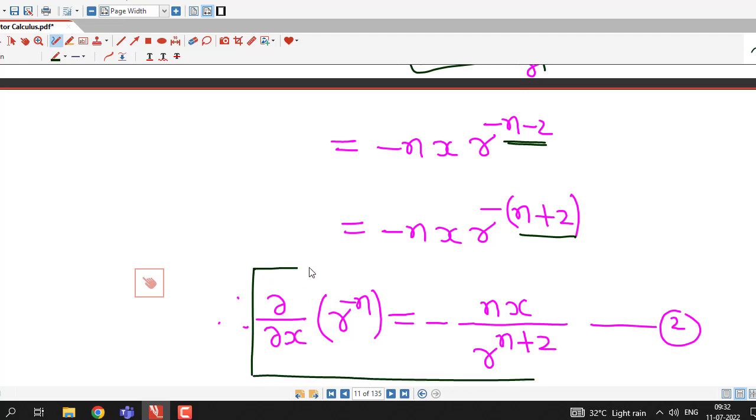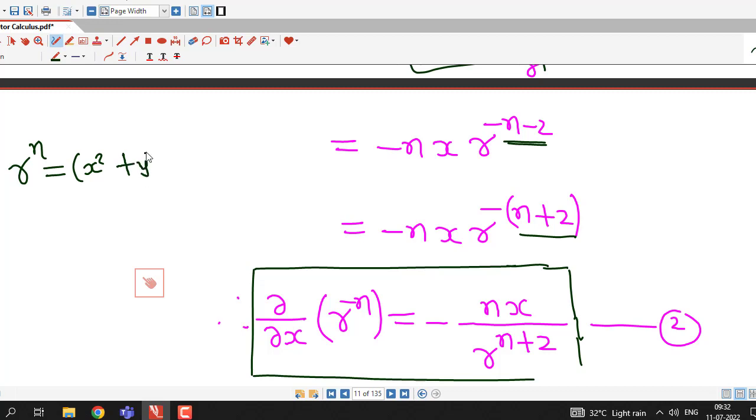So this is the partial derivative of r raised to minus n with respect to x. Now if you observe, r raised to n is nothing but x square plus y square plus z square raised to n by 2, and if I consider minus n, I will have minus n by 2.